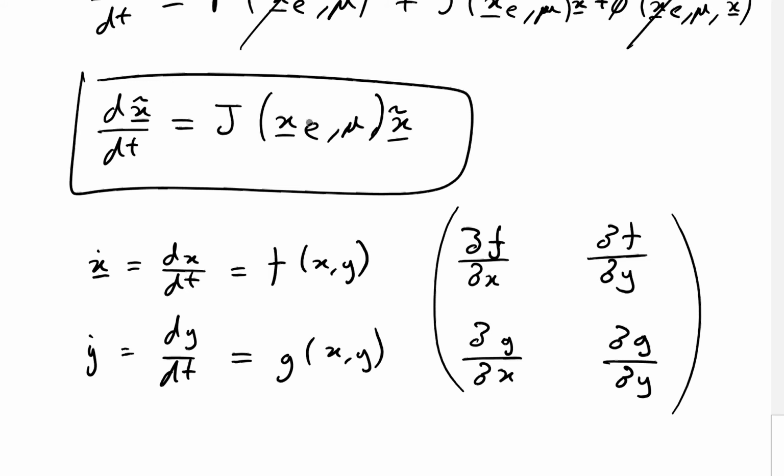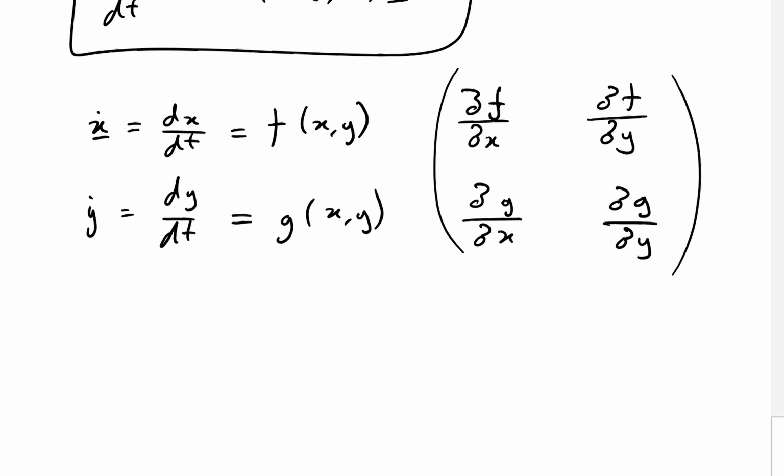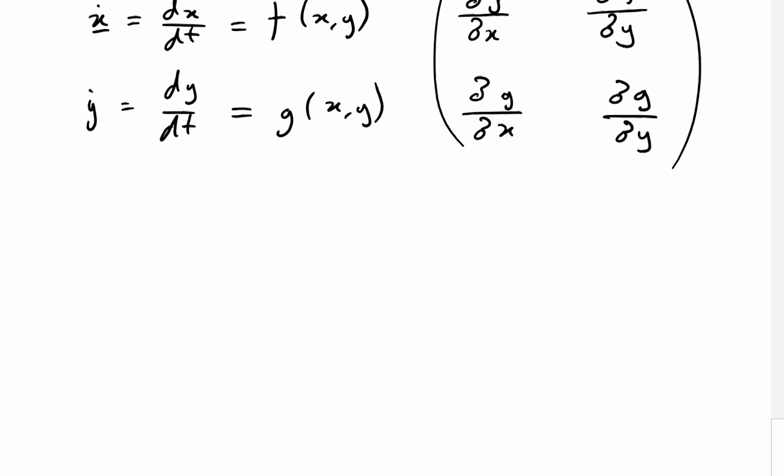Then I'm going to talk very quickly about this thing called a hyperbolic equilibrium point. For non-linear systems, you can have either a hyperbolic or a non-hyperbolic equilibrium point. If it's hyperbolic, then it's quite nice, because a hyperbolic case is where the eigenvalues are not equal to 0.